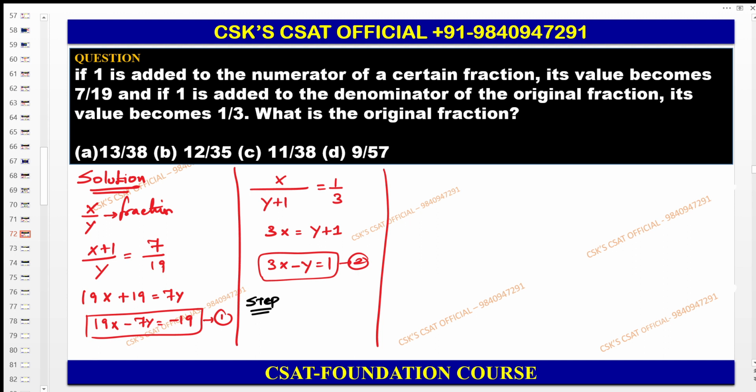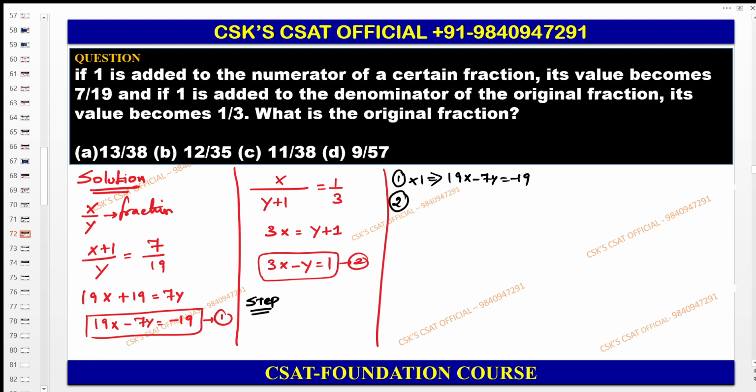Here in this situation, we will make the y coefficient the same. That is the simplest one. To do that, we need to multiply the first equation by 1, since 7 is already there. So 19x minus 7y is equal to minus 19.